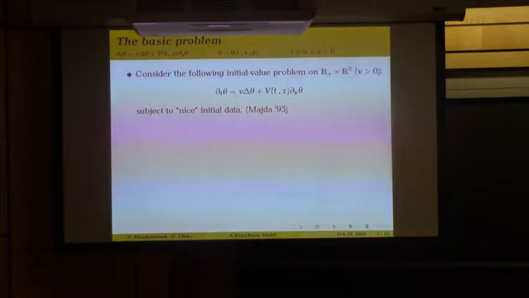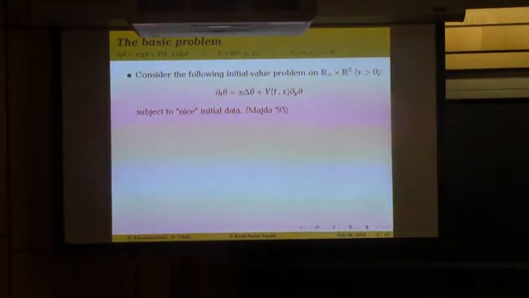And the equation is a kind of parabolic equation where the time derivative of the solution is some constant nu, which is just a positive number, times the Laplace operator, plus the product of some forcing term v, which depends only on t and x, not on y, times the y derivative of the solution.